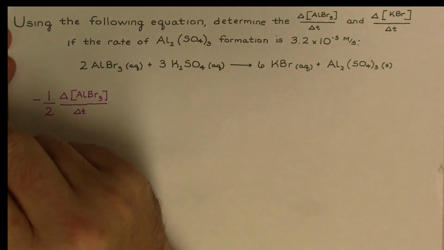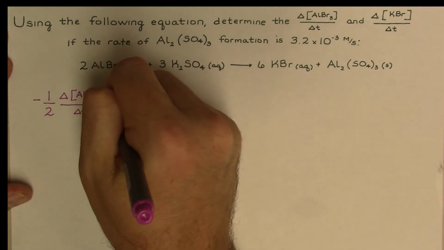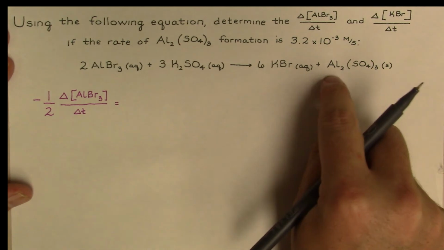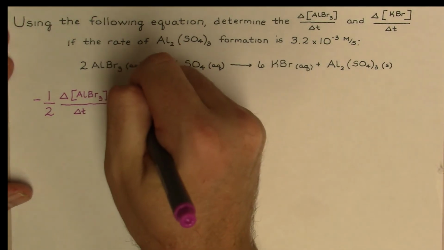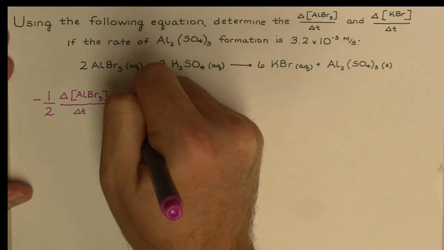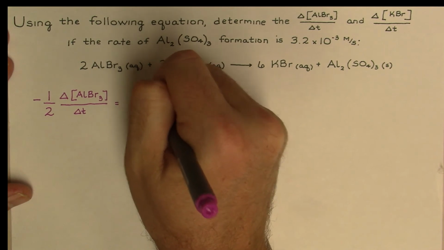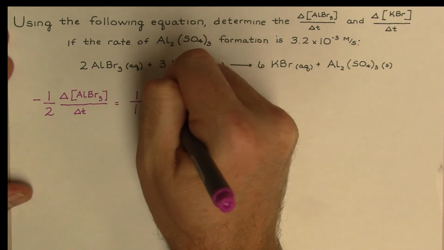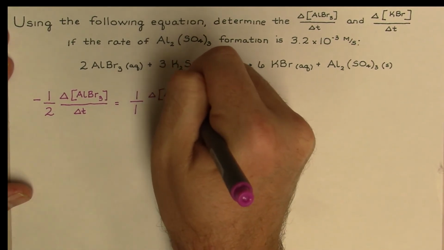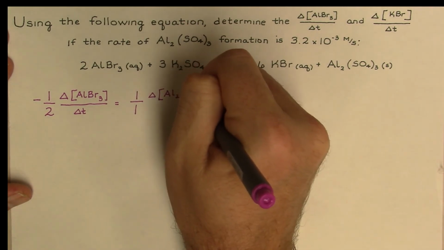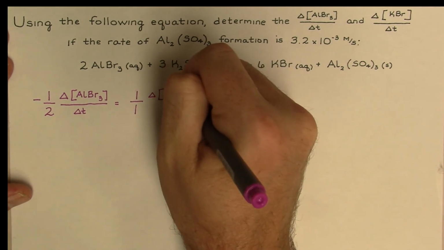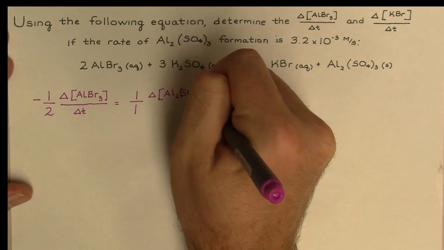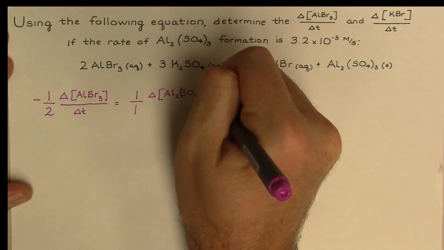We will set this equal to our change in concentration for the aluminum sulfate. Notice that it does not have a coefficient, so our fraction becomes 1 over 1. So we can write 1 over 1 times the change of our Al2(SO4)3 over the change in time.